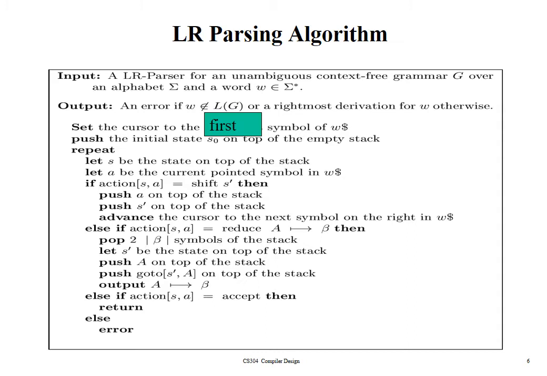So we have to initially point the first symbol of W dollar. Then we have to push the initial state S0 onto the stack. Then we have to perform the actions, shift, then reduce. Then if the action table is having an accept action, then announce successful parsing. Otherwise, if we come across an empty entry, announce it as error.